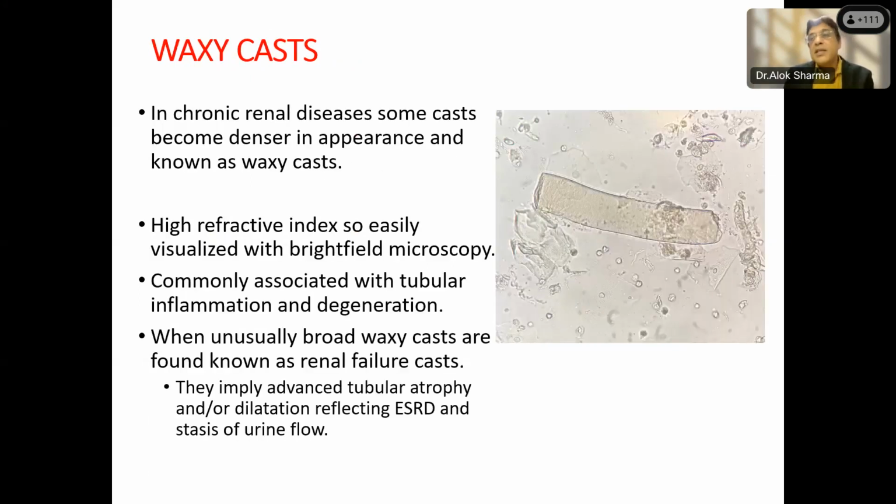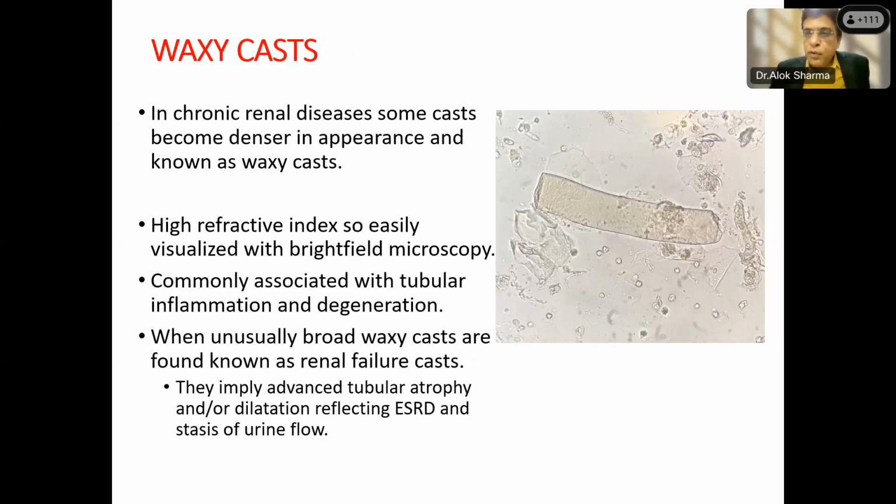The waxy casts, on the other hand, are slightly better visualized even on routine microscopy. And many times in chronic renal diseases, they become denser and appear as waxy casts. And just like the previous casts which we have seen, they are associated with tubular inflammation and degradation. And you must have heard about these renal failure casts, right?